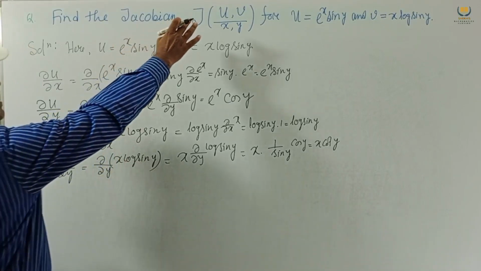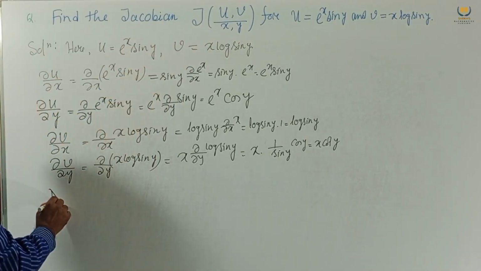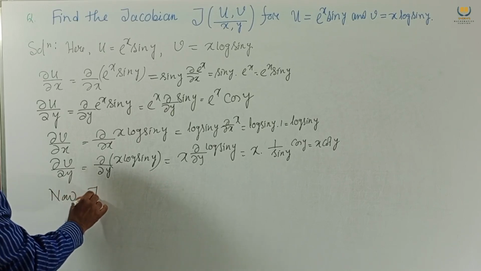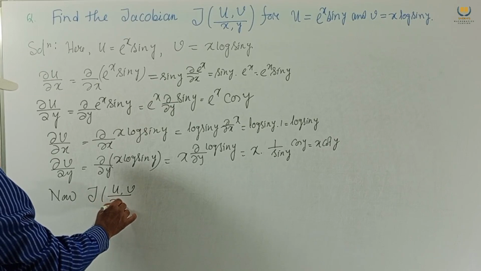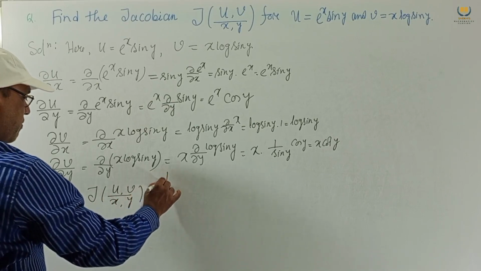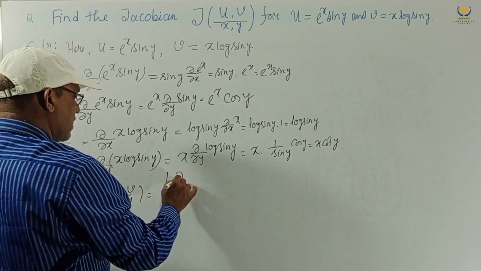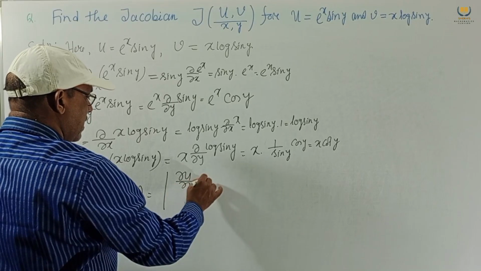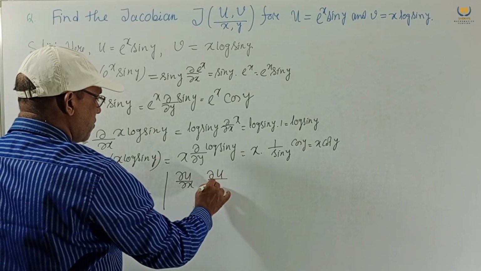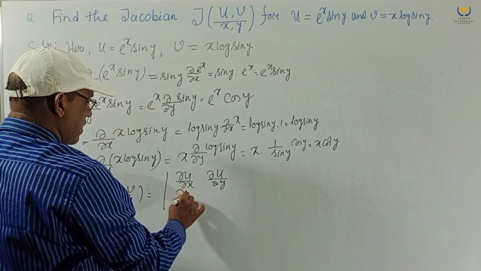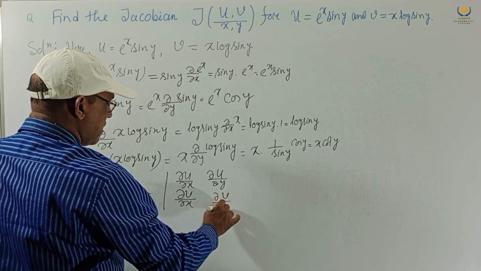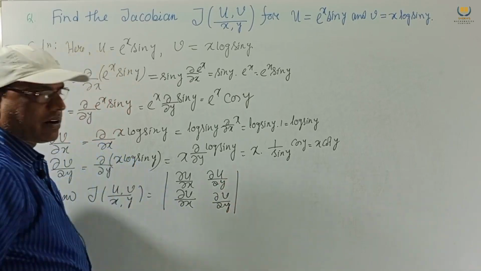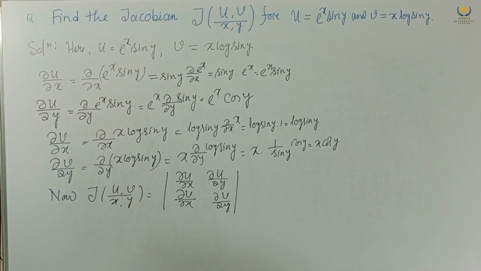Now our requirement is this one. Now the Jacobian ∂(u,v)/∂(x,y). By definition we get the determinant with rows ∂u/∂x, ∂u/∂y and ∂v/∂x, ∂v/∂y. This is our definition of Jacobian.